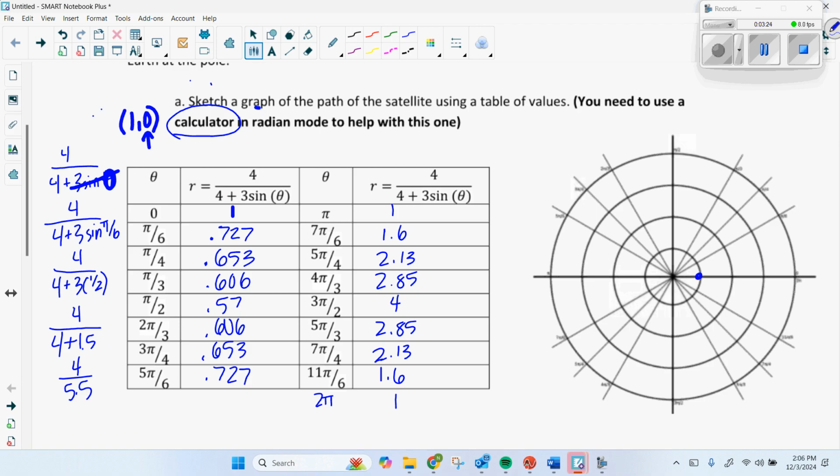For pi over 6, I'm going to 0.727. So I'm really just estimating here on these. It's not great, it's okay. This one is at like 0.5. Okay, it's something along these lines.